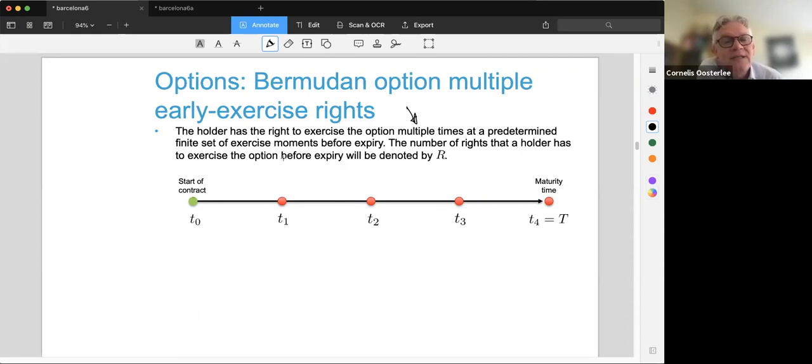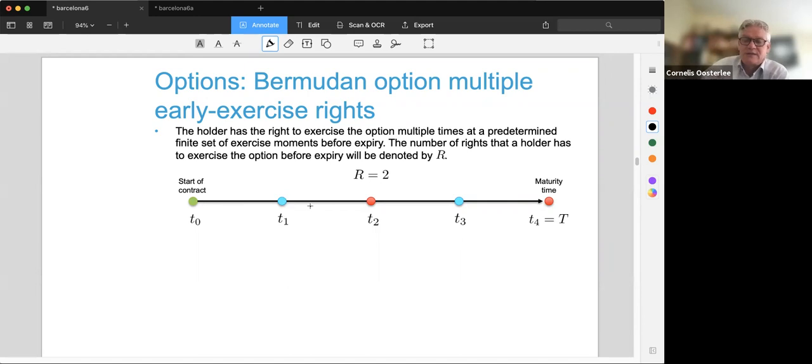The number of rights to exercise before expiry is denoted by R. So when R is 2, it could be here and here, that there is the opportunity to exercise at both places, or it could be here and here. There are 2 rights in this set of time points at which the holder may exercise, and when the rights are gone, then it is done, basically.